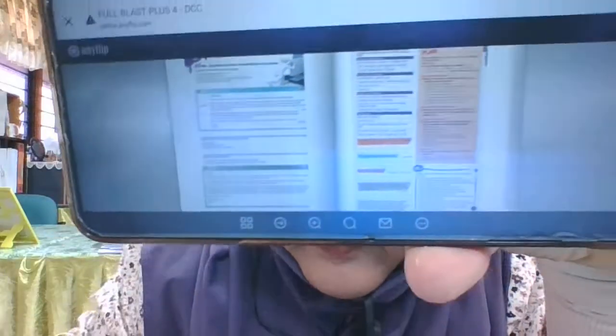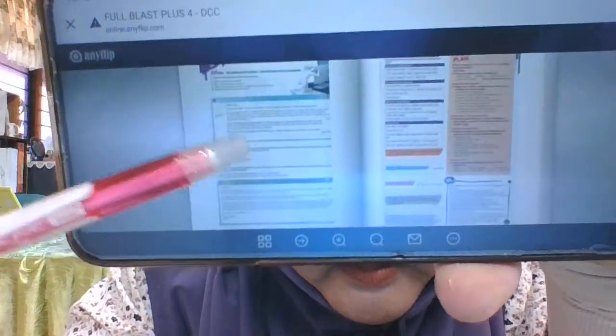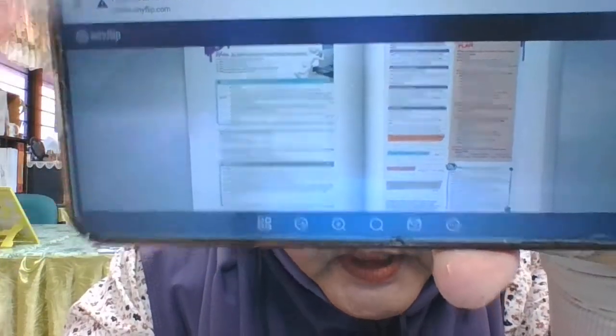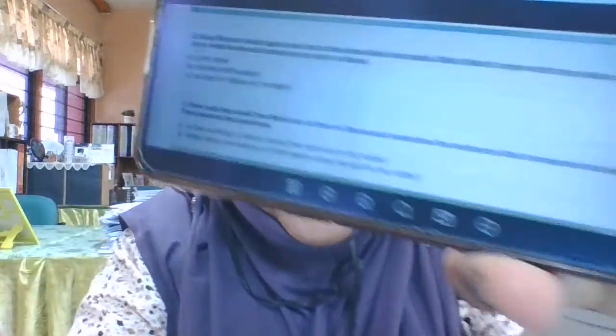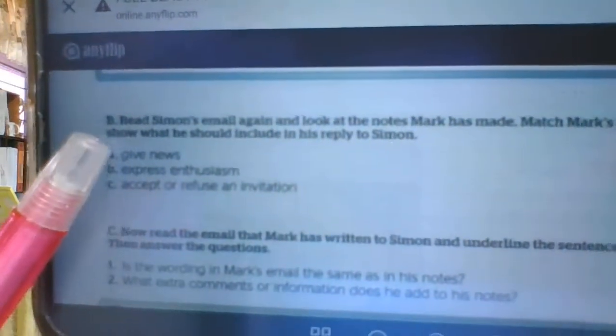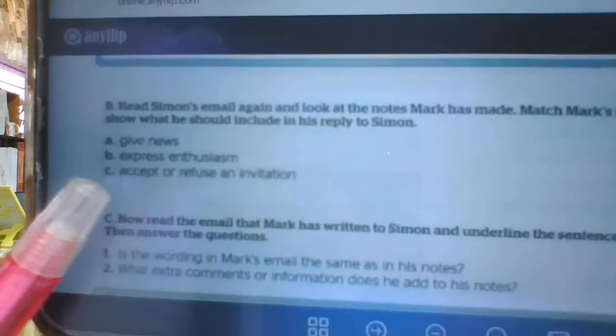You read this email again, and answer B. This is point A, point B, point C.